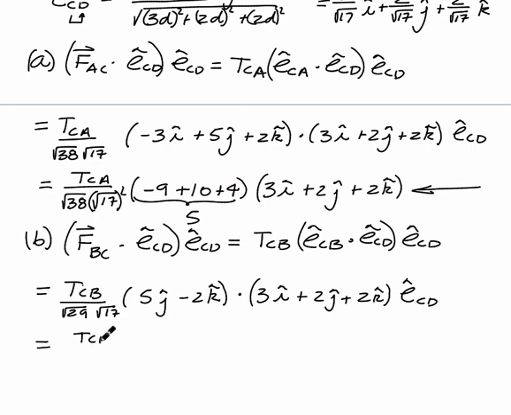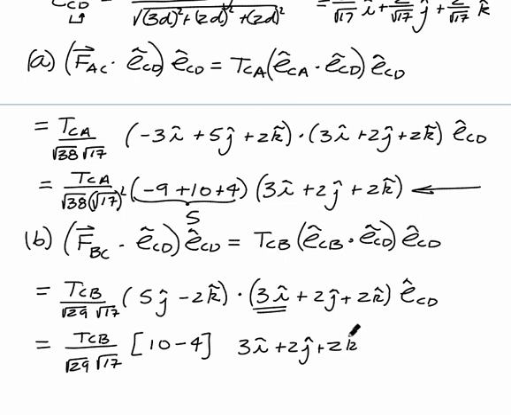So that's TCB over the square root of 29 times the square root of 17. When I dot these through, I get no contribution from x because there's no x in the force. So what's left here is a 10 minus 4. Then multiply that by the 3i plus 2j plus 2k, and along with that comes another scale factor of the square root of 17. So this becomes a 6.